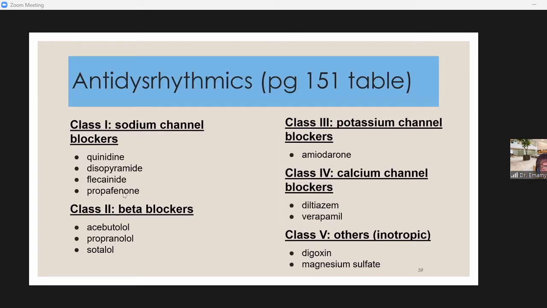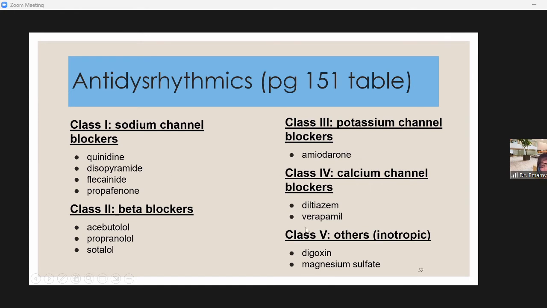Antidysrhythmic medication, we talked about beta blockers like propranolol, sotalol, calcium channel blockers, and class 1 drugs like quinidine, disopyramide. Quinidine also is anti-malarial medication. And we have also, for example, amiodarone and digoxin, class 5.